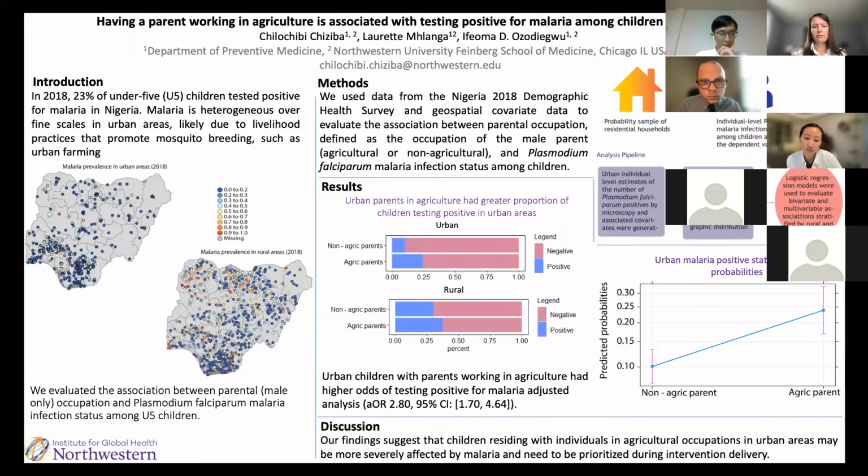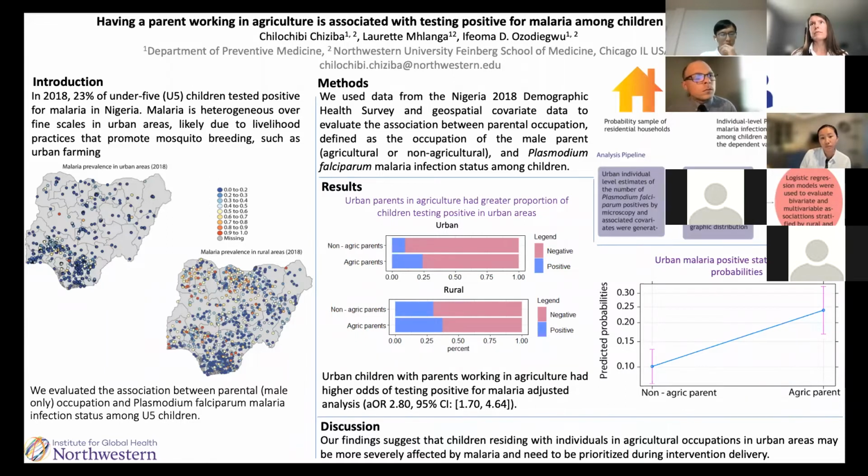This diversity in malaria prevalence is also seen in the urban map, where we see high prevalence, which could be due to a number of factors that surround children living in those different areas. One likely factor contributing to this heterogeneity is livelihood practices that promote mosquito breeding and expose these children to vector biting.